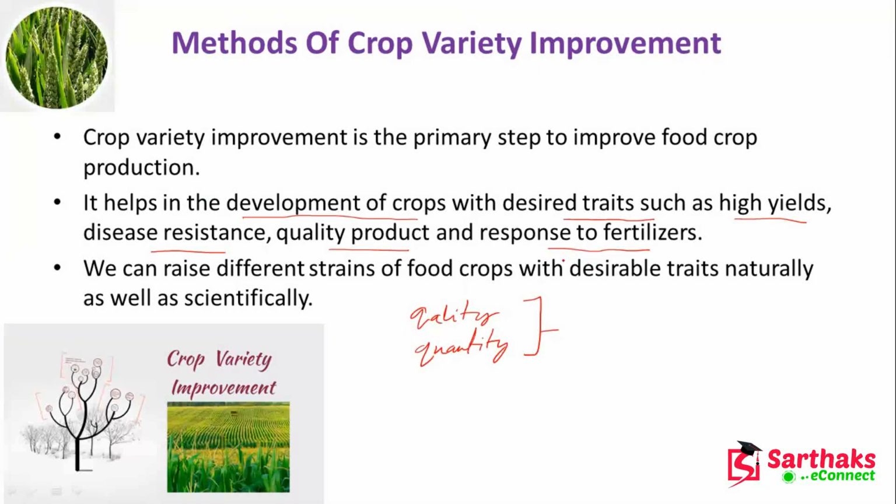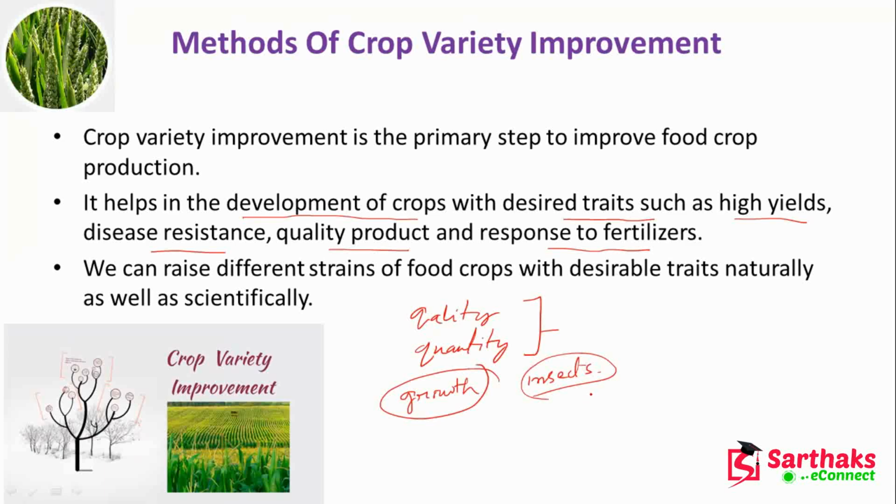So here, that means we are going to make different types of crop and we are going to upgrade the quality of the crop just to get large scale output, or high yields. And it should be disease resistant, because whenever the cultivation is going on, at the time of growth, it has been seen that insects are just destroying our crops.